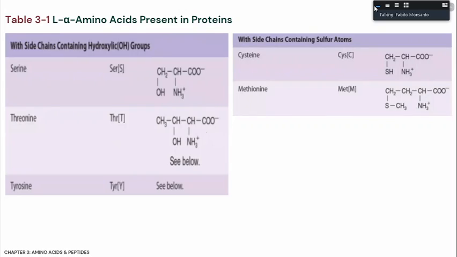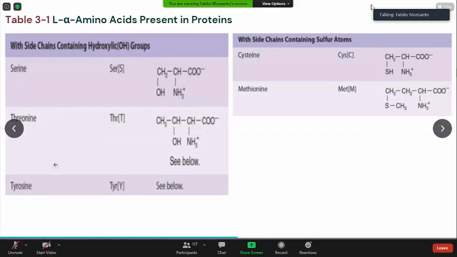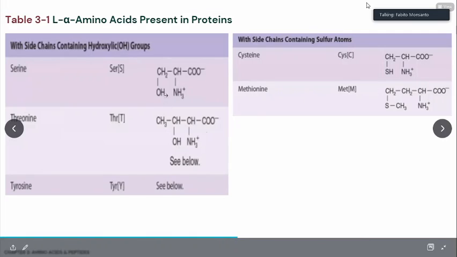Then we have hydroxyl containing amino acids. We have serine, threonine, and tyrosine. Serine here has a hydroxyl group. You have an OH here on the R group, an OH here. Now for tyrosine, we will look at this when we go to the aromatic group.